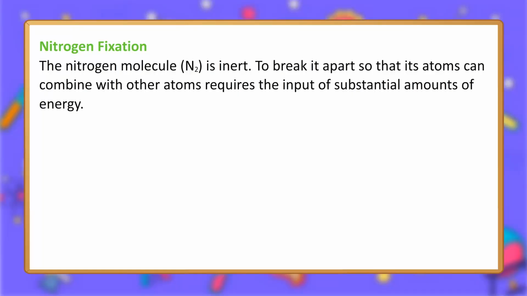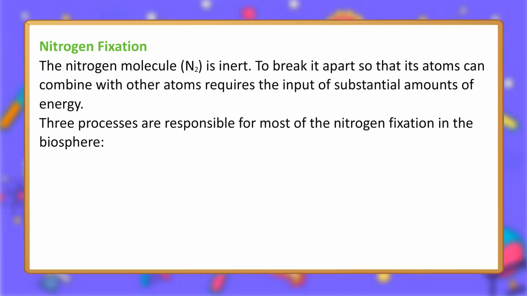Nitrogen fixation. The nitrogen molecule, N2, is inert. To break it apart so that its atoms can combine with other atoms requires the input of substantial amounts of energy. Three processes are responsible for most of the nitrogen fixation in the biosphere.